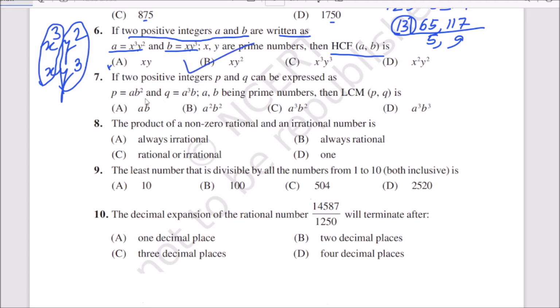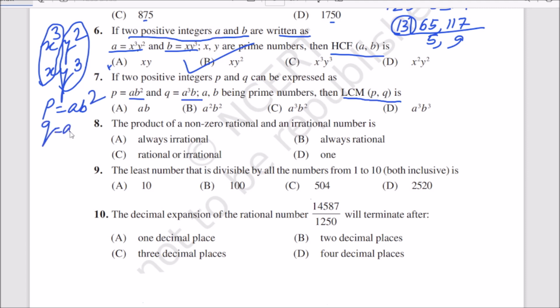Question number 7, it is a similar question. The question is to find the LCM. If two positive integers p and q can be expressed as p is equal to a b square, q is equal to a cube b, a and b being prime numbers, the LCM of p and q is.